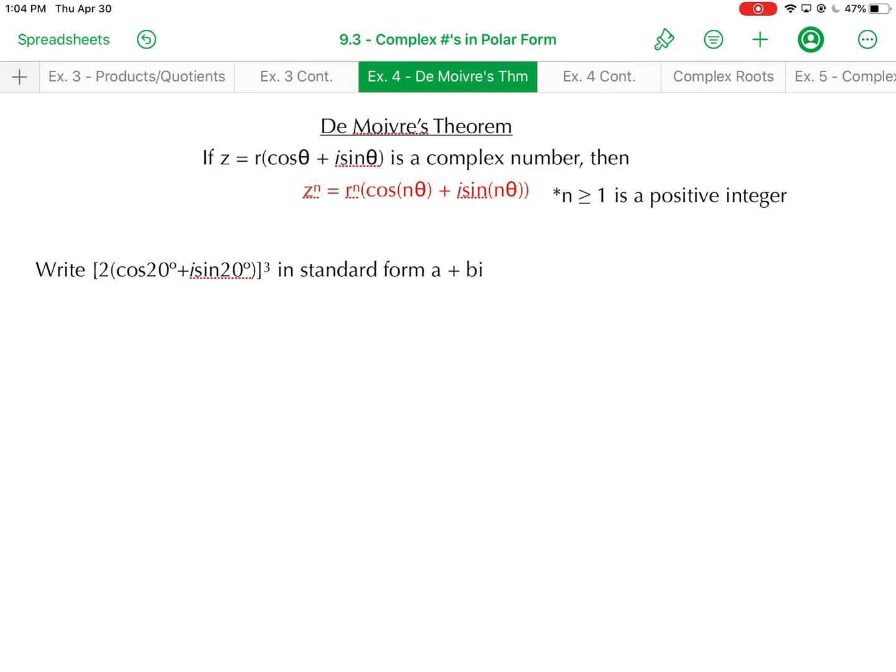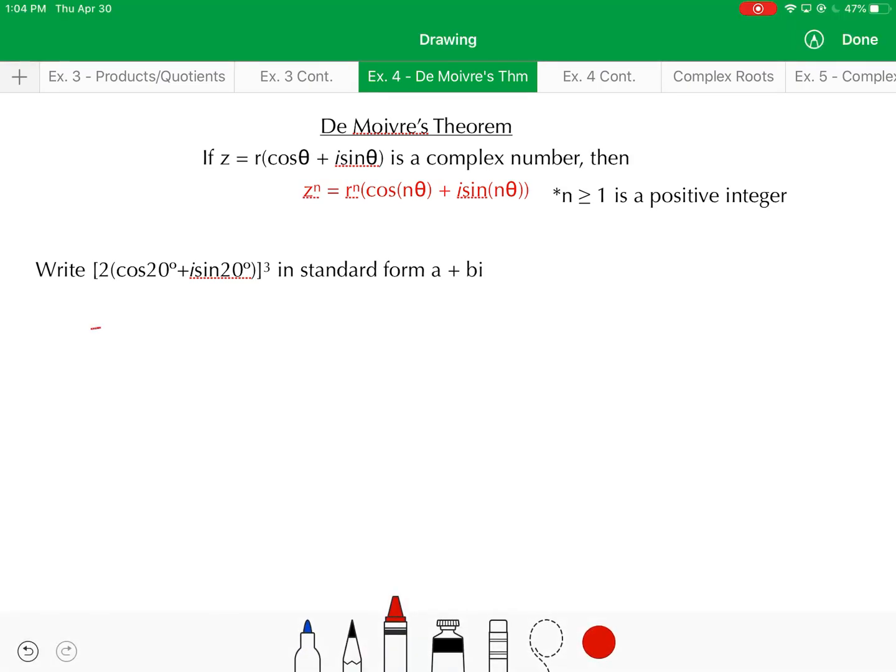Okay? So let's apply the theorem on this example in front of us. We have the complex number already in its polar form, 2 times the quantity cosine 20 degrees plus i sine 20 degrees, and we'd like to cube it. So applying the theorem, I'll end up with 2 cubed multiplied by cosine of 20 degrees times 3 plus i times the sine of 20 degrees times 3.